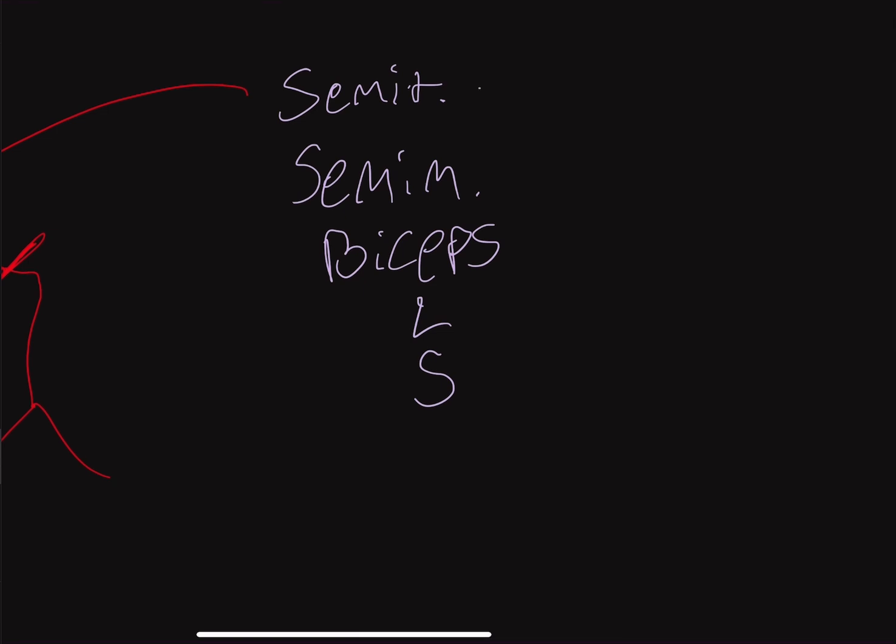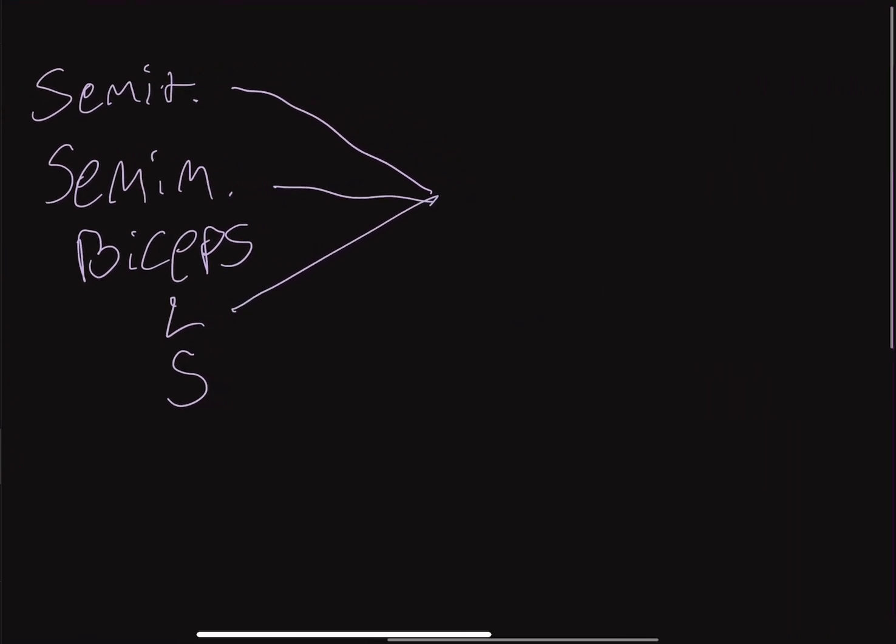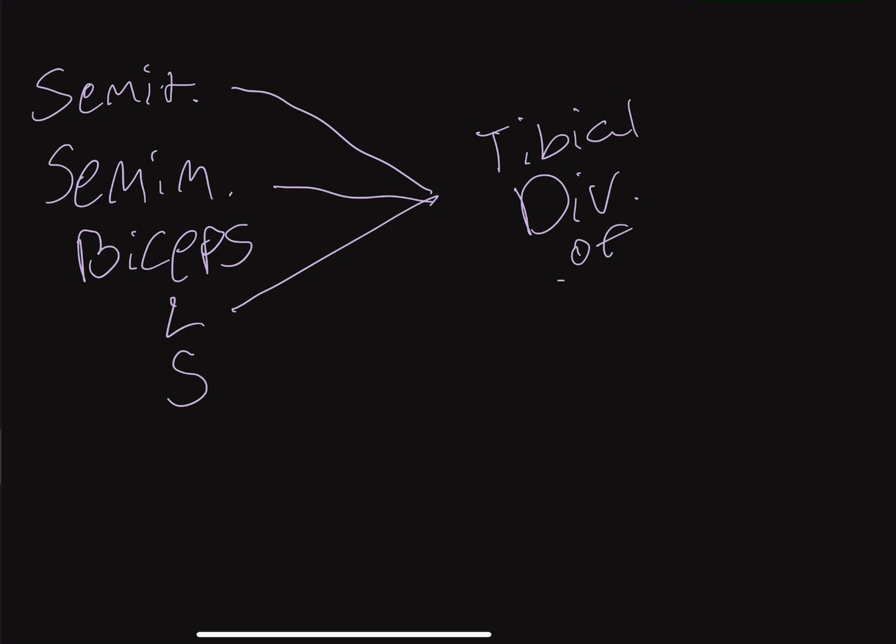The semitendinosus, the semimembranosus, and the biceps femoris long head are all innervated by the tibial division of the sciatic nerve.